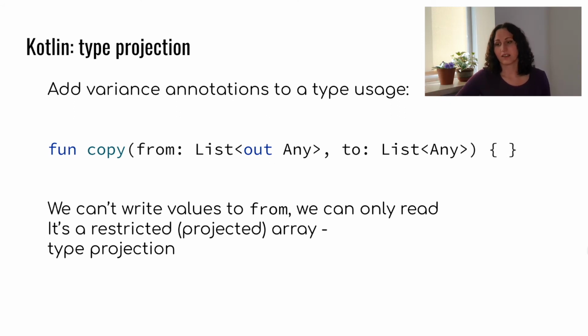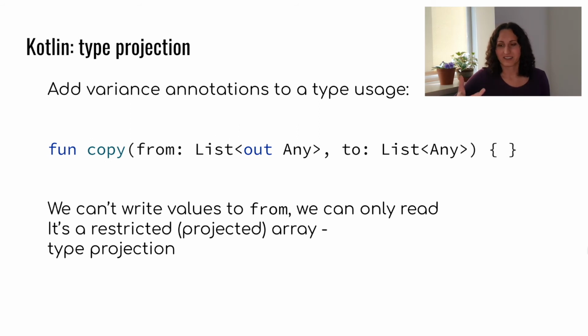And again, that means that, for example, in function copy, we don't write values to our variable from, we only read it. That means that it's a producer, it just returns values. And that's why we can use the out keyword here and use our from variable in the current context.